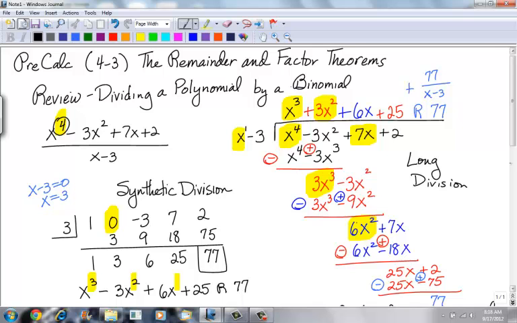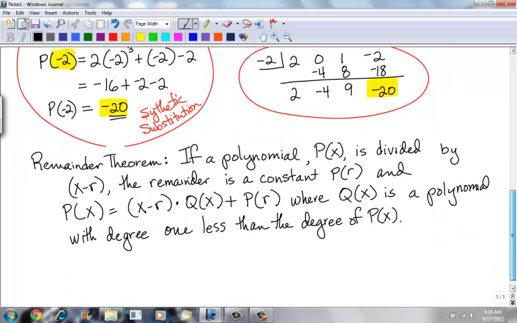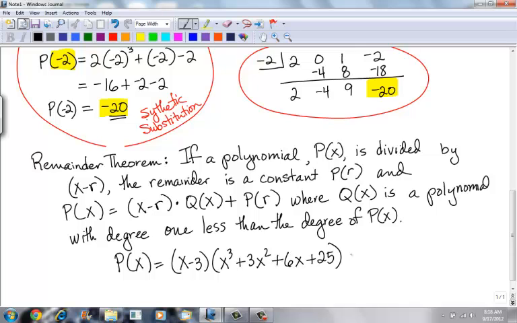According to this remainder theorem, the polynomial would be the x minus 3 times my quotient, x cubed plus 3x squared plus 6x plus 25. And when you add on the remainder, you just add on the 77.